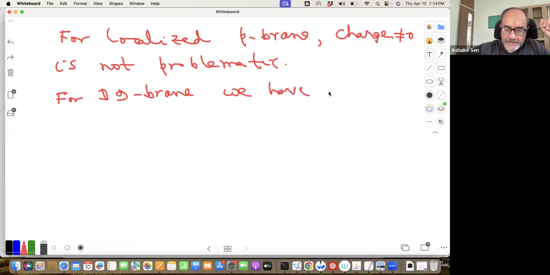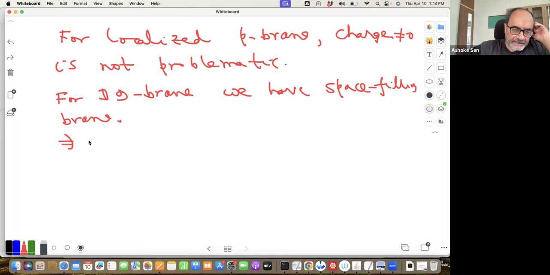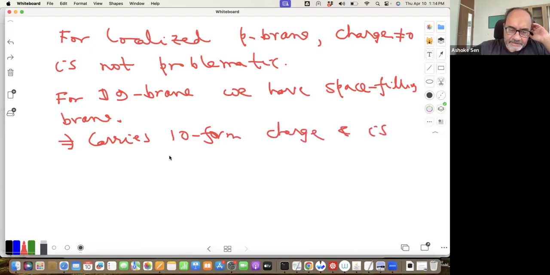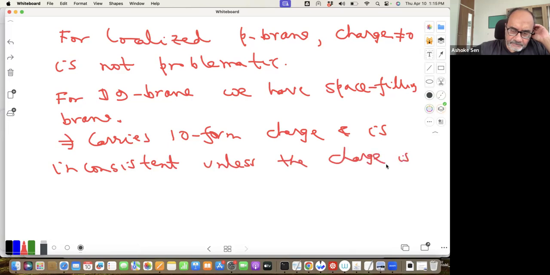We have a space filling brane, and this carries 10-form charge, and is inconsistent unless the charge is cancelled by something else.